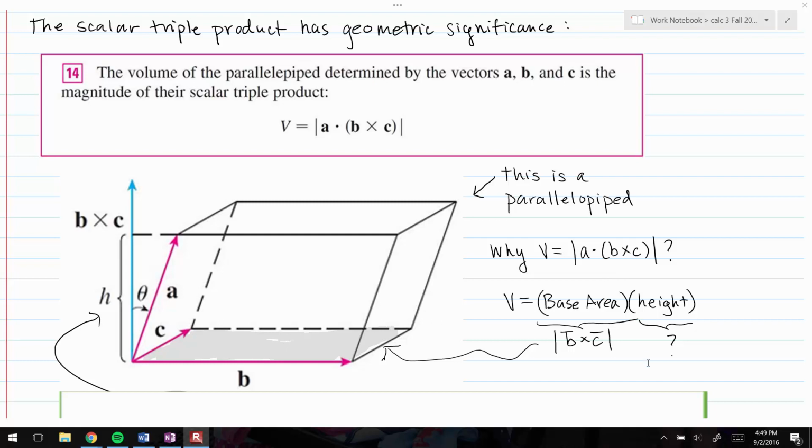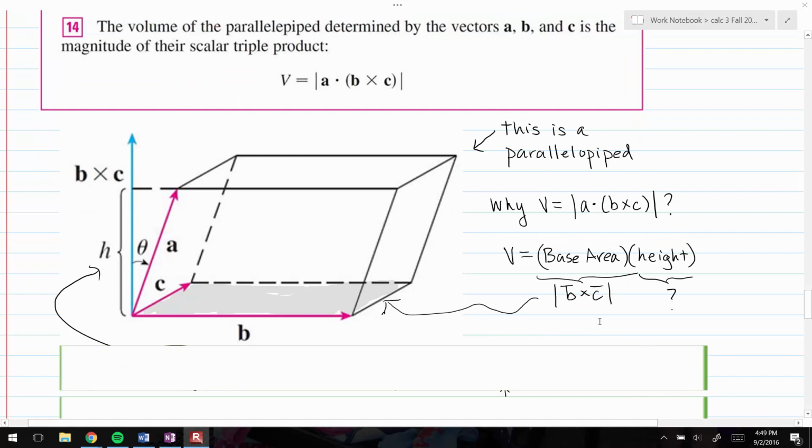But anyway, getting back to this, the volume is going to be the magnitude of the basal area, which I've shaded here in gray. You could think of that as the magnitude of the cross product, because we had already talked about how the area of the parallelogram defined by those two vectors is the magnitude of the cross product. Then we have to multiply by the height.